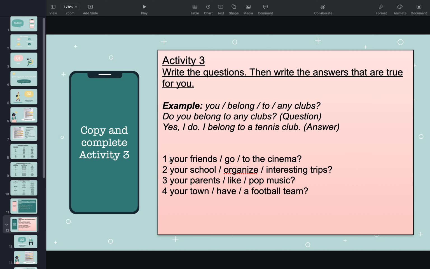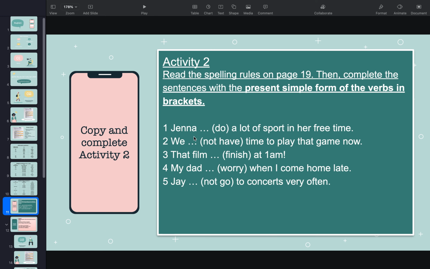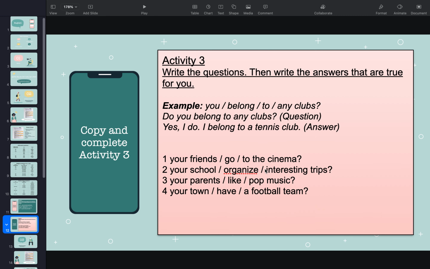Ingat, tanya soalan mesti ada perkataan do atau does dekat depan. You are asking a question. Ini contoh macam mana nak buat. Salin ni semua, salin semua and then write your answer. Okay? And that is it. Mula-mula salin ni, kemudian salin yang ni, kemudian salin yang ini.